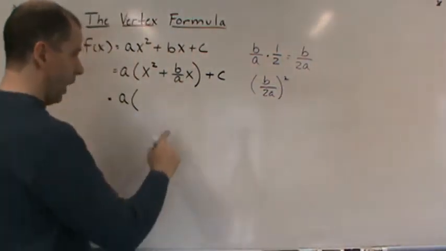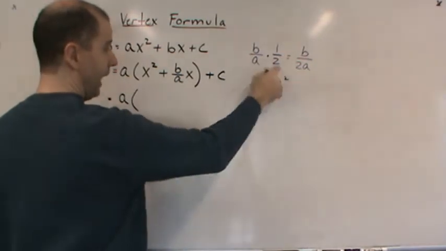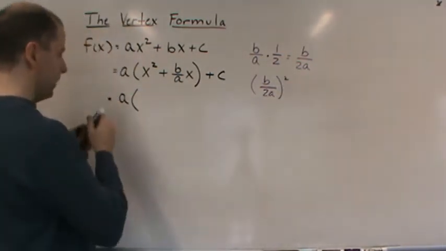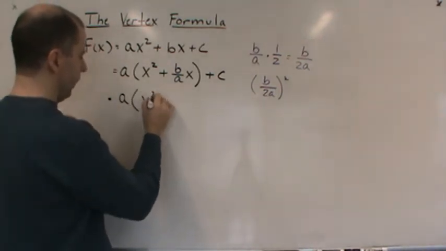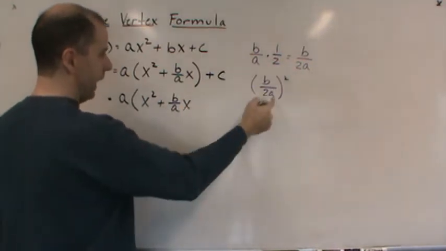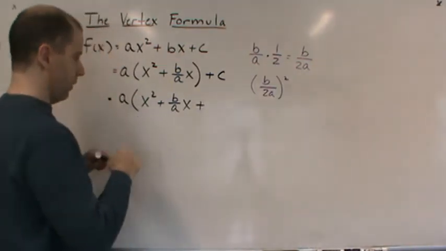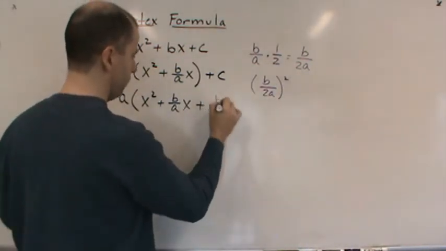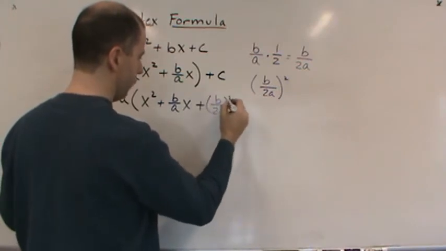Now I'm going to stick this in here. This is what I'm going to add, using completing the square. So I'm going to end up with x squared plus b over a x, and now I'm going to add my term, plus b over 2a squared.